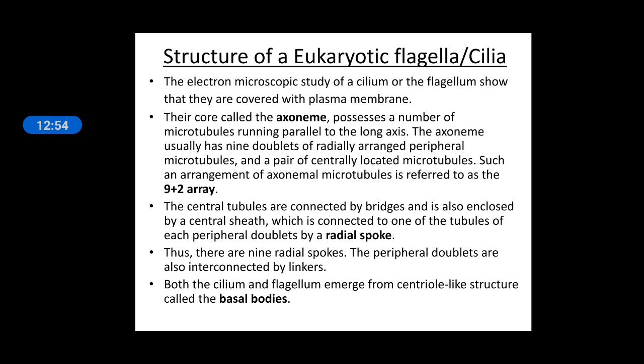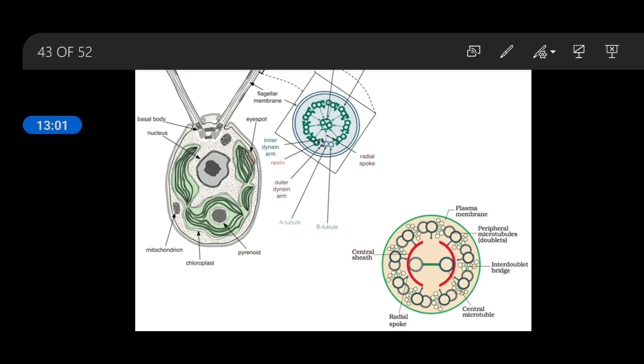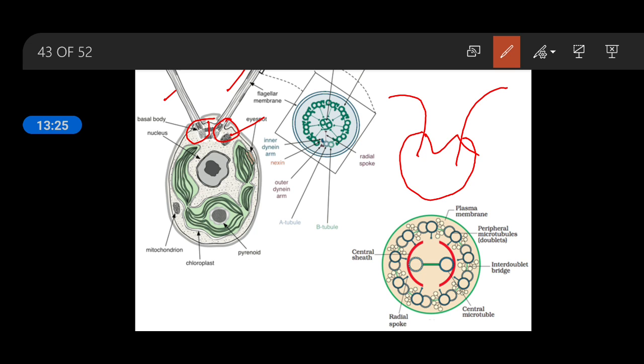Both the cilium and flagellum emerge from centriole-like structures called basal bodies. This means if you look at this flagellum at the base, this is called the basal body, and the structure present in this basal body is known as the centriole. If this is Chlamydomonas, then this flagellum and this flagellum each consist of two parts.